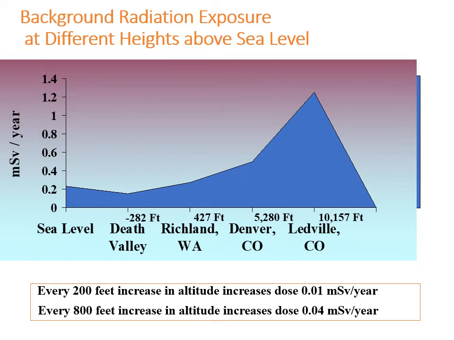As you climb up the hills to get to the top, for example, of Leadville, which is high up in the Rocky Mountains, then you could get a dose just from living there of 1.2 millisieverts per year. Going up in height by 200 feet in altitude increases your dose by about 0.01 millisieverts per year.